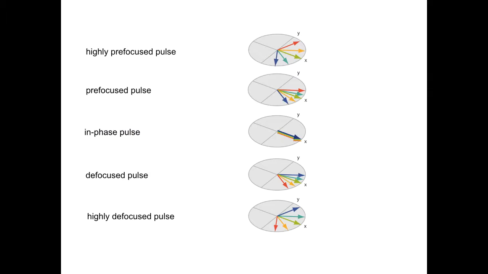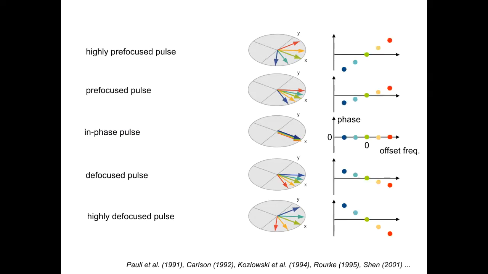And the interesting thing about the pre-focused pulses is that the orientation of the Bloch vectors is opposite to what they would be if they would just dephase during the delay. And this is shown here. So in an in-phase pulse, at the end of the pulse, all the phases are 0.